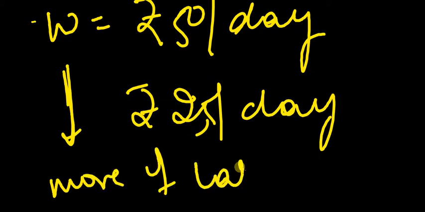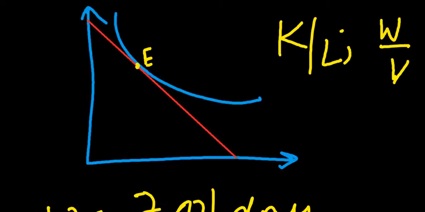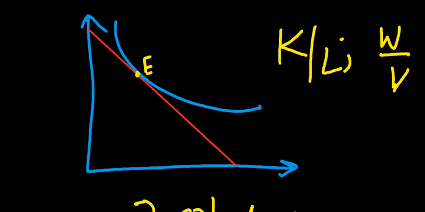Am I right? And at the same time, because W by V changes, the slope changes. So my curve would look something like this, right?